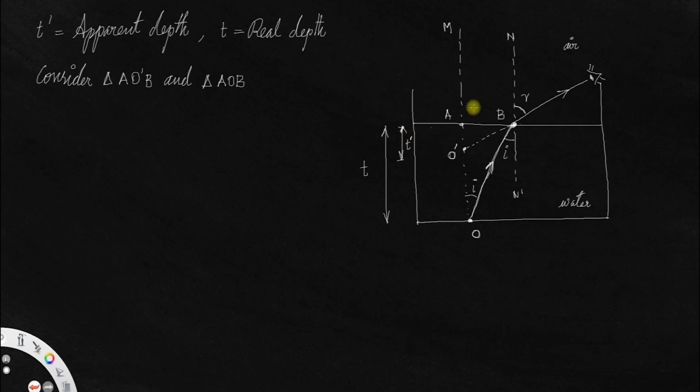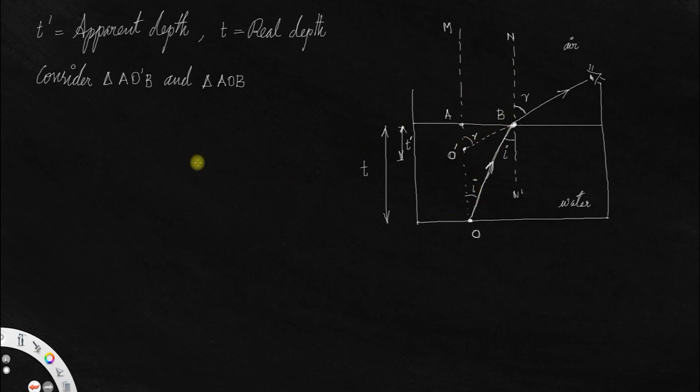Now, when you look at here, angle AO dash B will be R itself, since these two lines are parallel and these two form the corresponding angles. Okay, these two form the alternate interior angles. Both the corresponding angles are equal. Also, the alternate interior angles formed when two parallel lines are cut by a transversal also are equal.